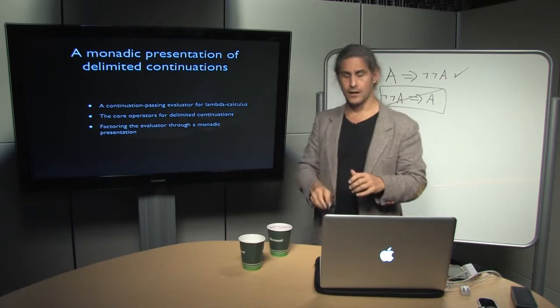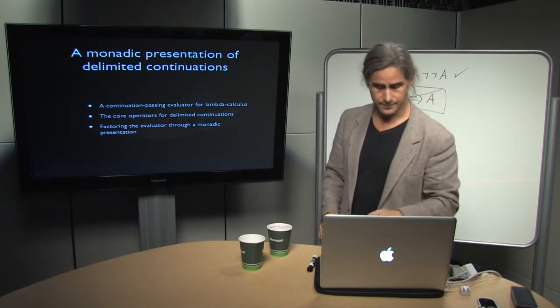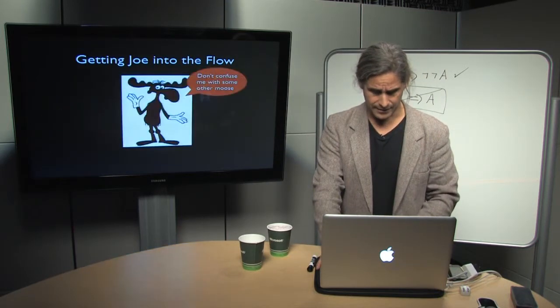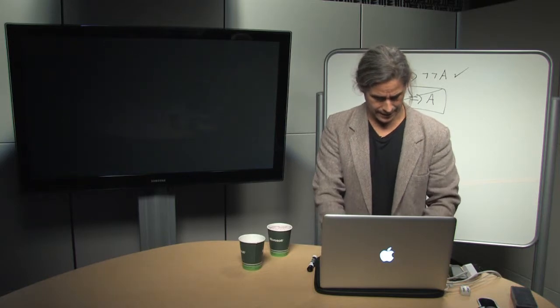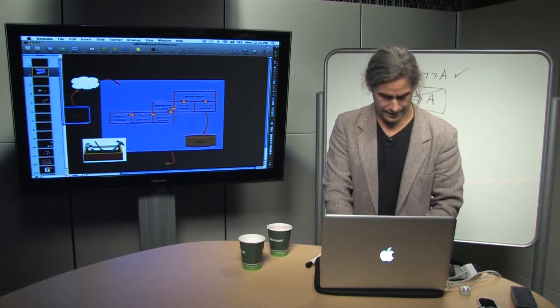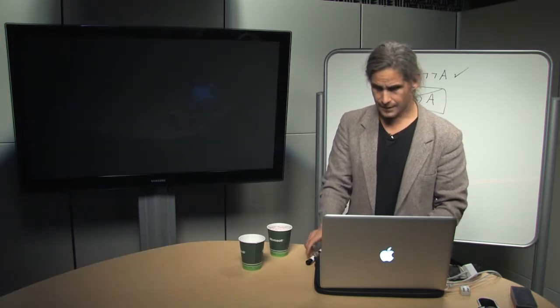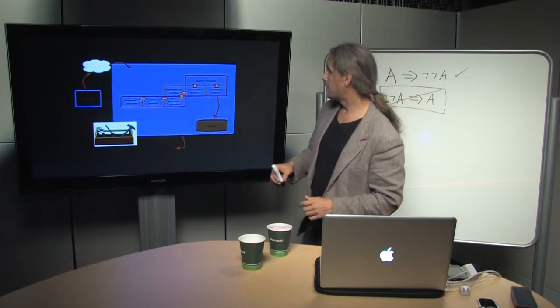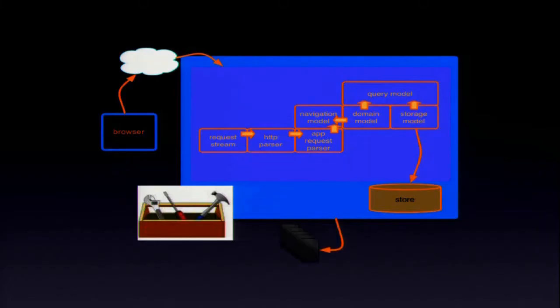So if we think about an end-to-end web application, what we're starting to see is that when we talk about the storage model, which must be the place where we host our transactional semantics, that can also be represented and factored through a monadic presentation, which simplifies the use of our code.